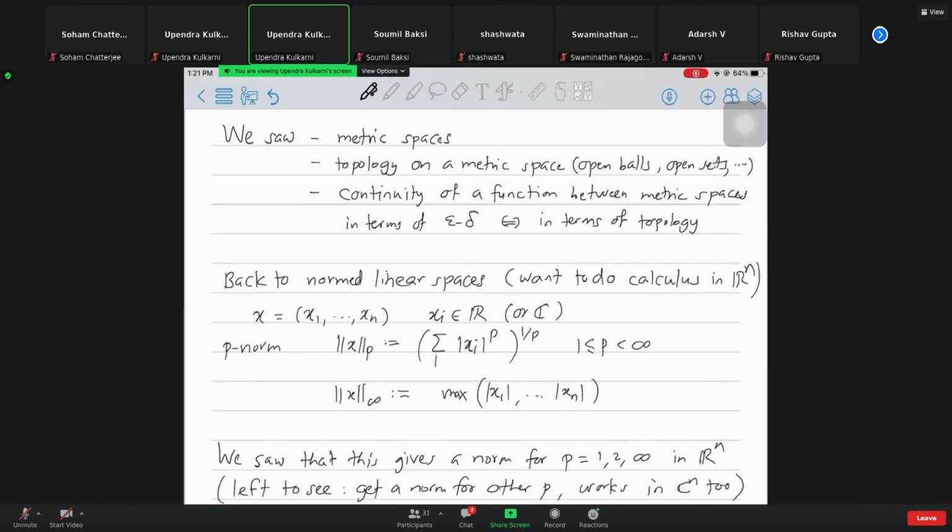Some characterizations could be stated purely in terms of the topology. But then there were things where we use the notion of size, and there were formulations that used sequences.